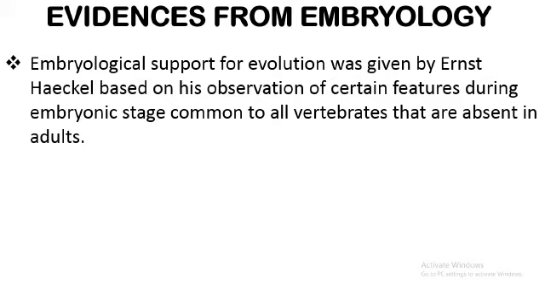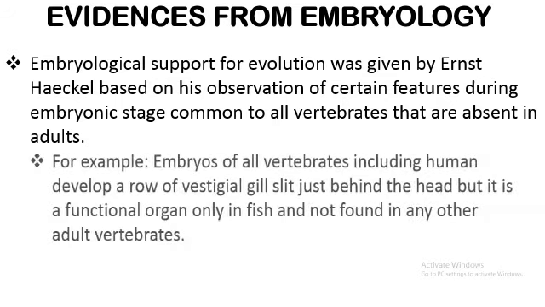So in the embryonic stage, all of these animals show certain similarity in their structure. Hence, there may be a relationship between them, or it may throw light that one of them might have got transformed into another. So this serves as an example from embryology to speak about evolution.